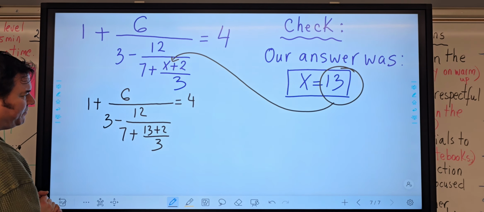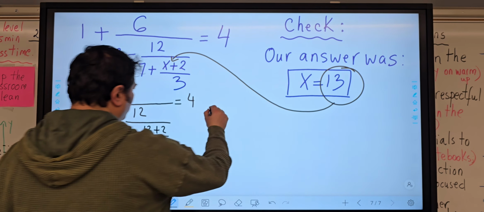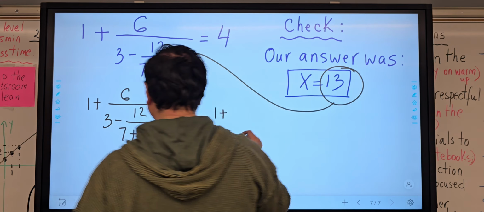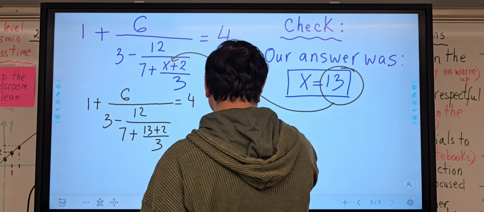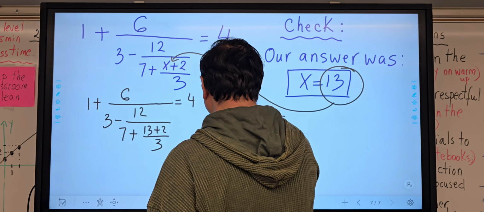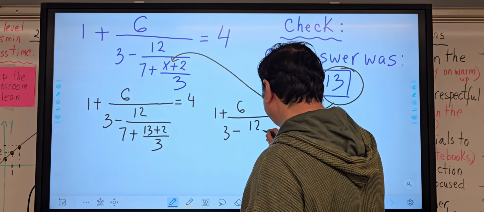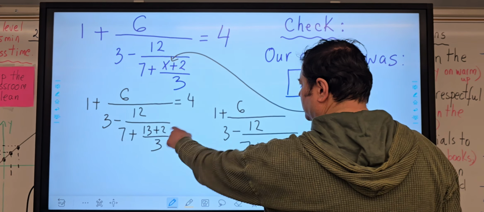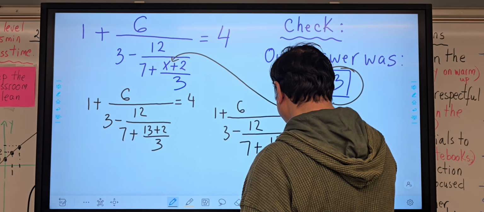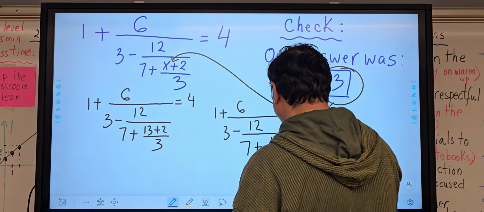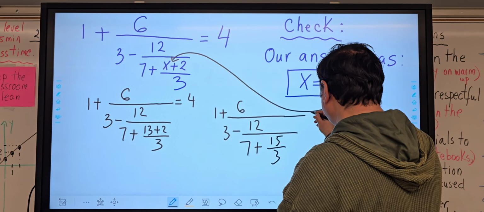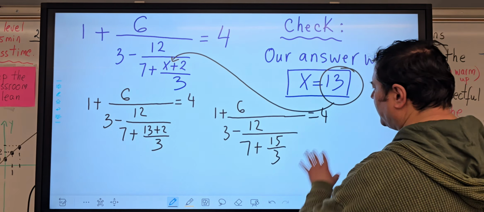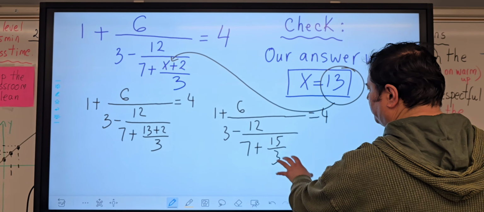13 plus 2 becomes 15. Okay, so we have 1 plus 6 over 3 minus 12 over 7 plus, again, 13 plus 2 becomes 15 over 3, and then equals 4. Okay, so 15 over 3 becomes 5, right?